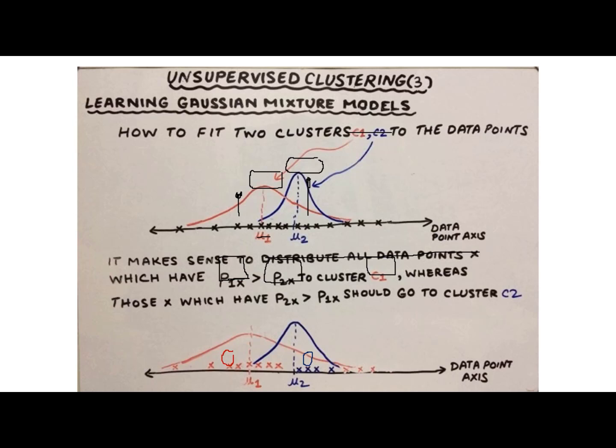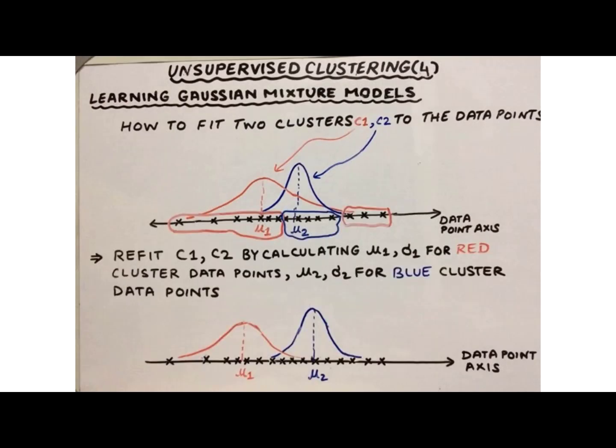The important thing to note is the criterion. We are going to distribute data points to the clusters based upon the corresponding probability values, and that's the most important thing that we need to understand. Once we have completed the distribution, we can actually make a cluster.